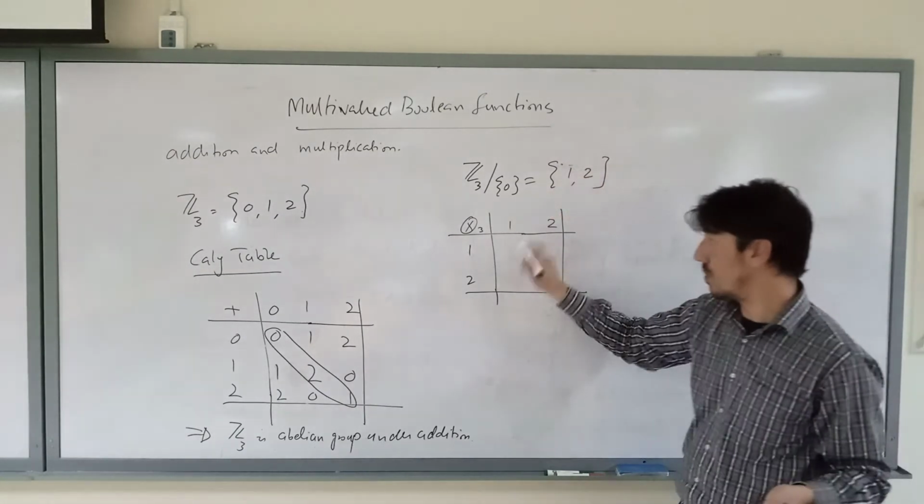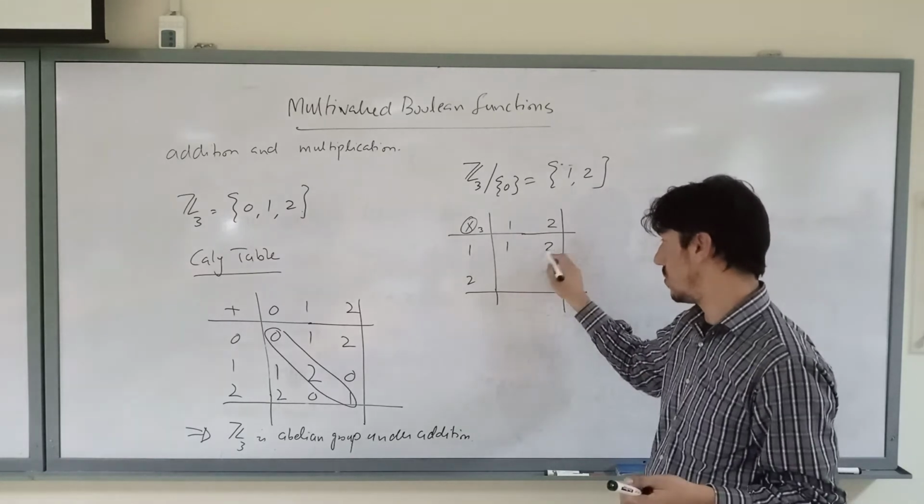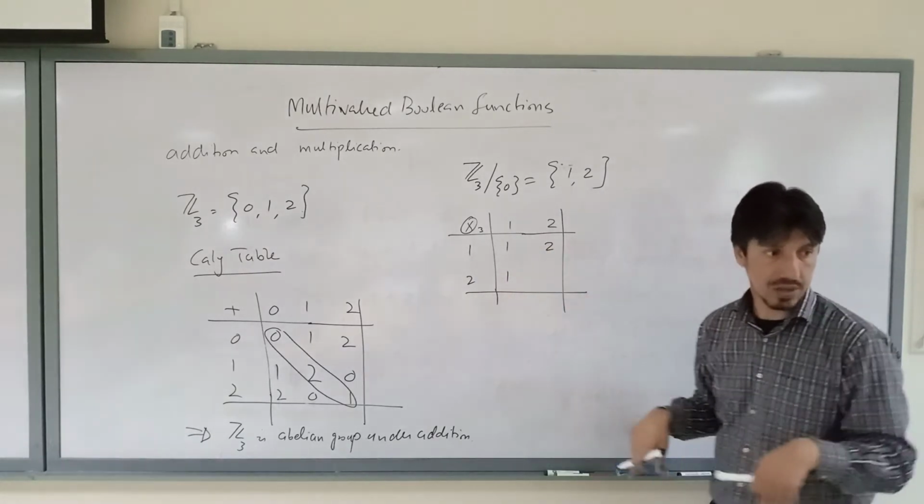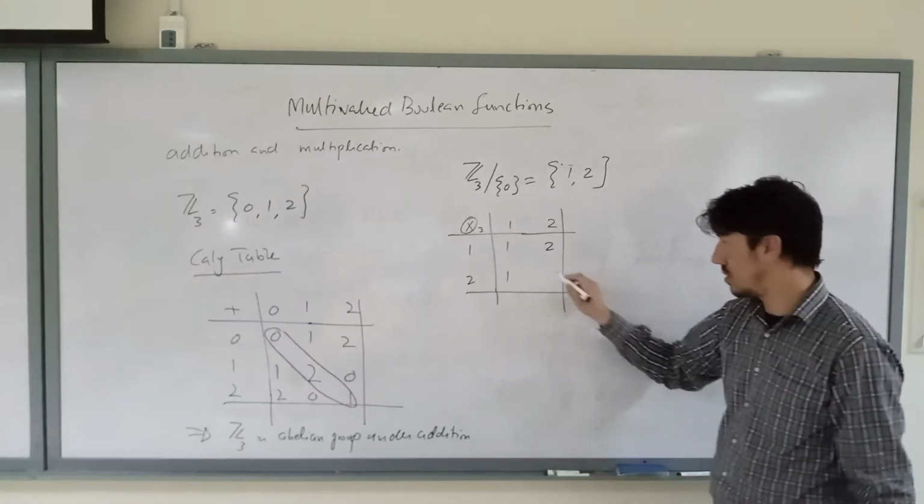So 1 into 1 is 1, 1 into 2 is 2, 2 into 1 is 2, 2 into 2 is 4, which under mod 3 is 1.